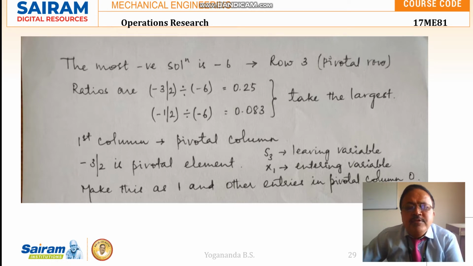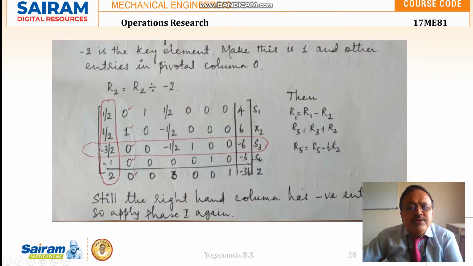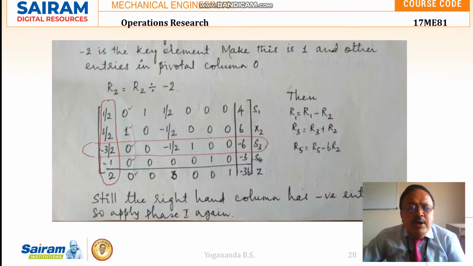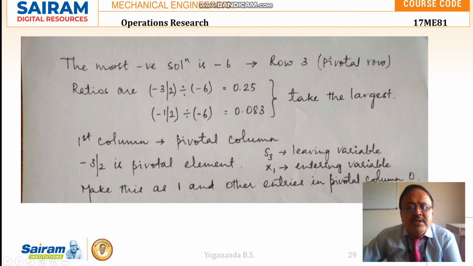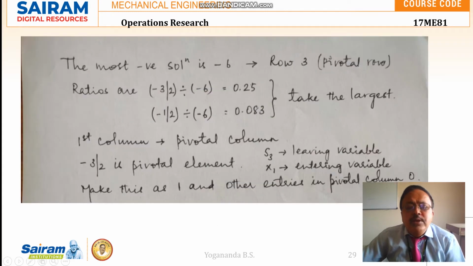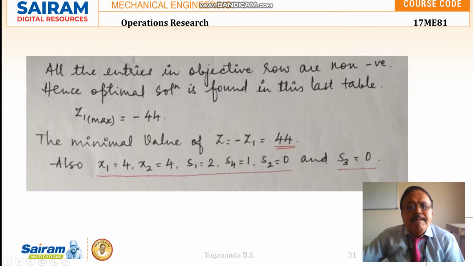Take the largest one, that is 0.25, the first column. That is the pivotal column. Where the pivotal row and pivotal column intersect is the key element or pivotal element. Minus 3 by 2 is the pivotal element. Make this minus 3 by 2 as 1 and the other entries in the pivotal column 0 using suitable row operations.